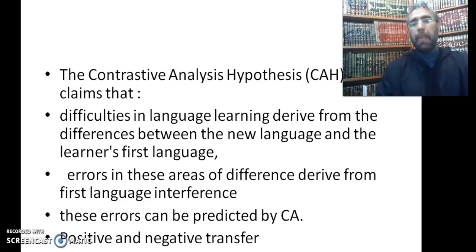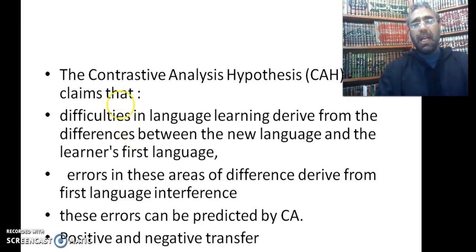Because we don't go to school in order to learn our L1. Our L1, or our mother tongue, we acquire it in a natural, spontaneous, informal way. We pick it up through interaction with the people around us.